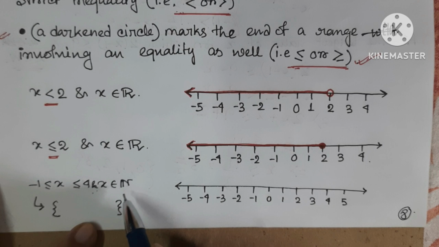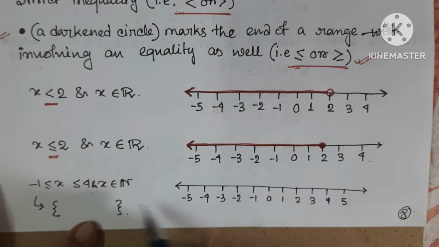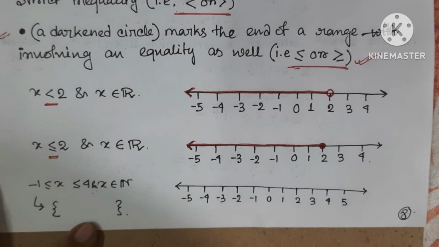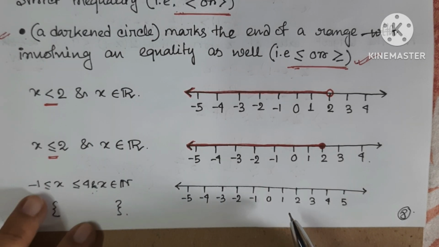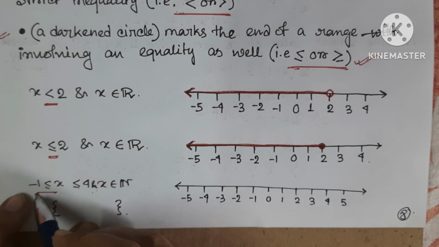X belongs to N. What does it mean? It means you have to choose only the discrete numbers. So minus 1, see this end.